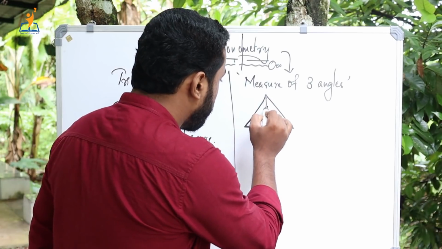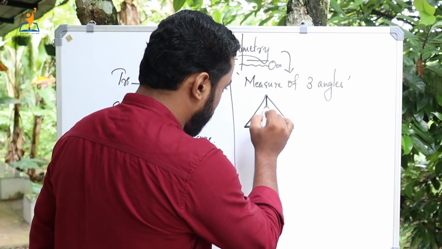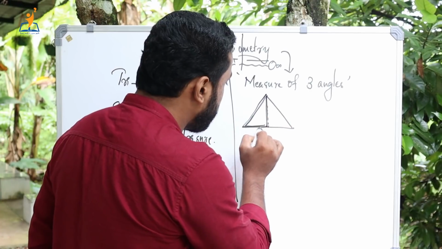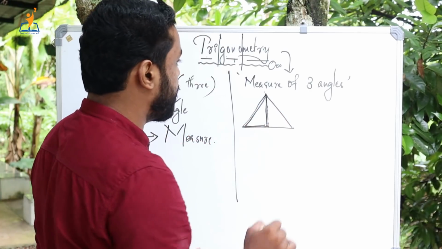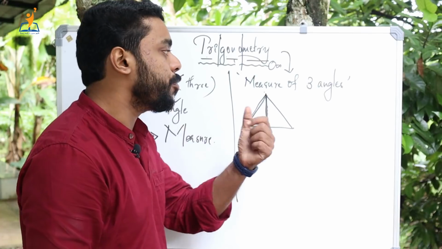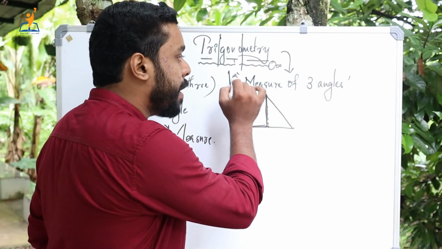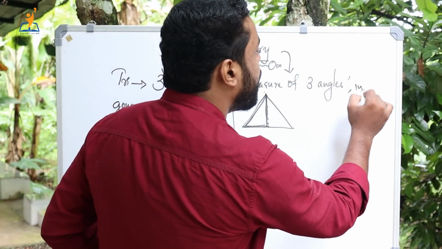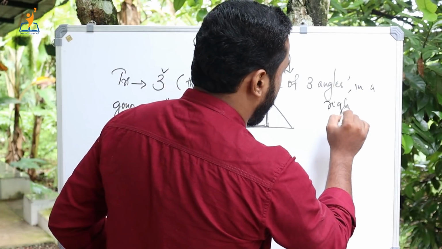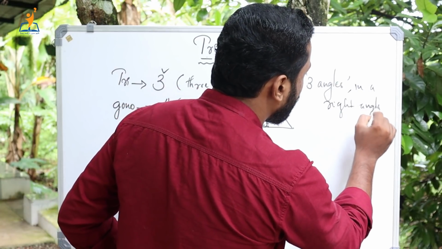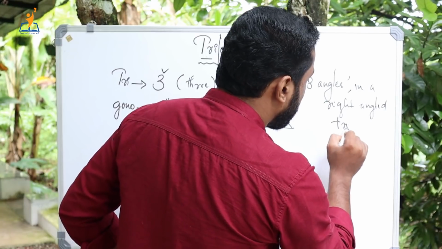So the most liked area of trigonometry is the right angle triangle. That is, trigonometry is the branch of mathematics which deals with the measure of three angles in a right angle triangle. So now you know what trigonometry means.